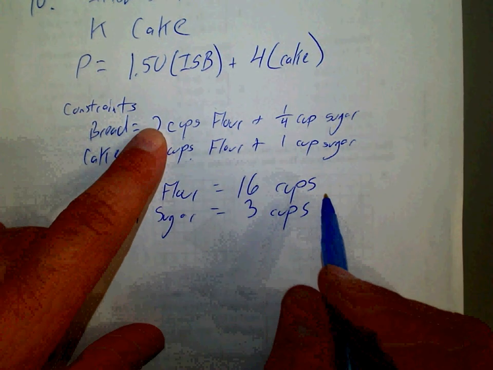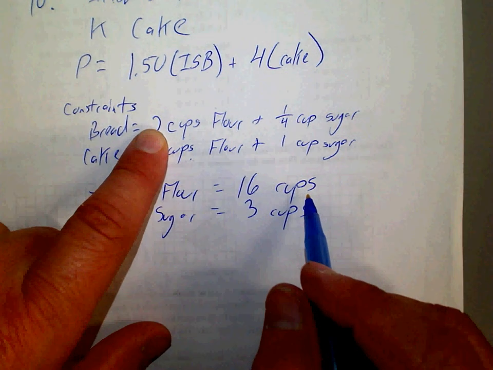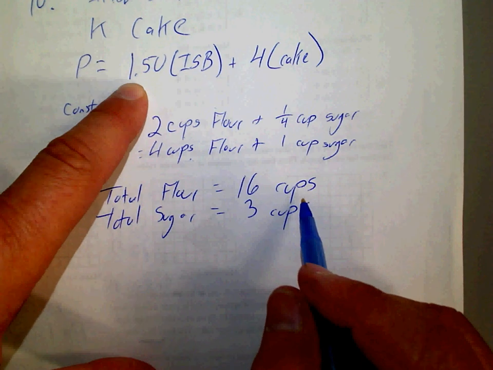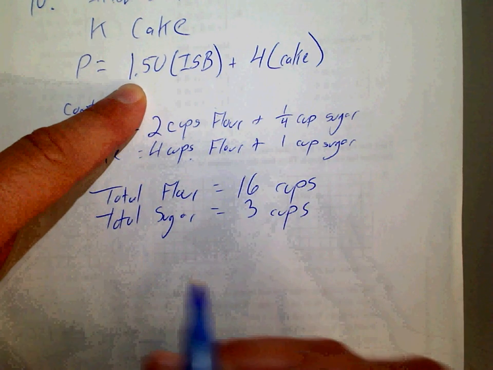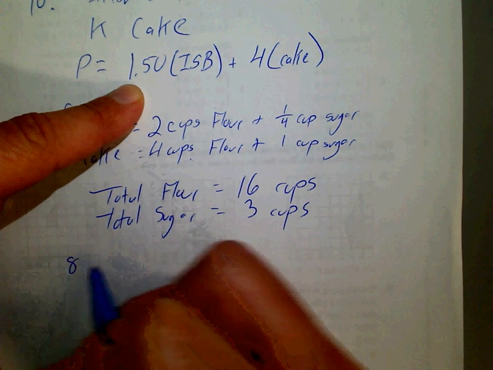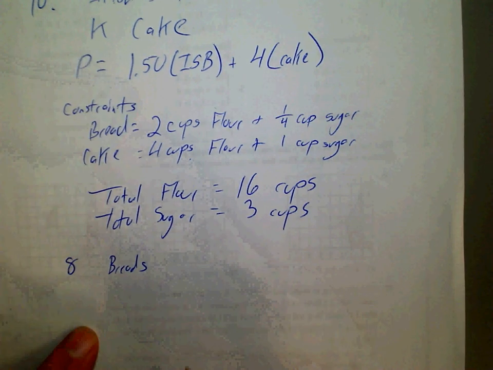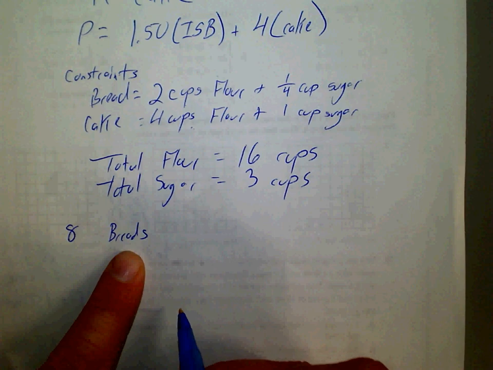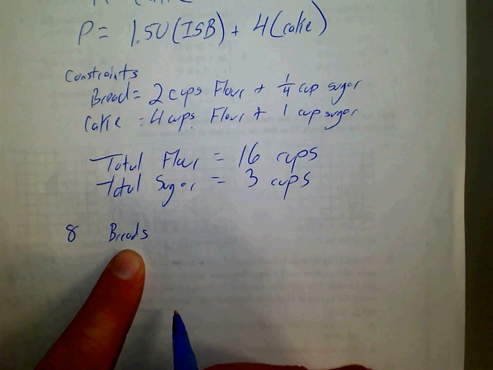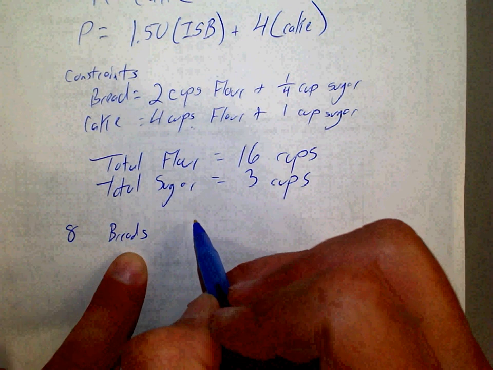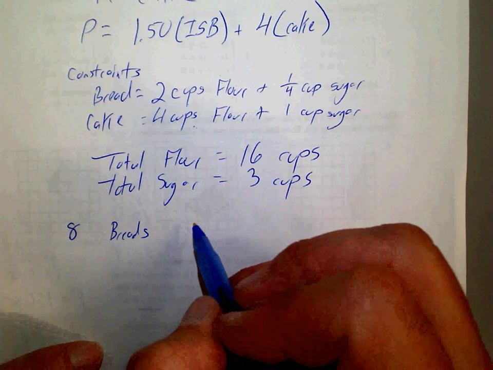Y'all agree? 8 at $1.50 would be how much? 12 bucks. So if I did 8 breads, what would I have left over again? How much sugar? 1 cup, right?